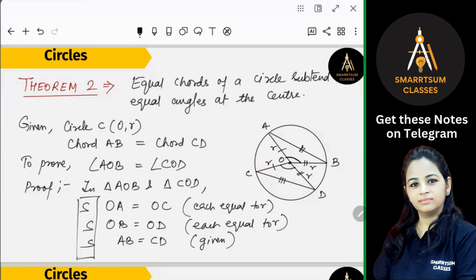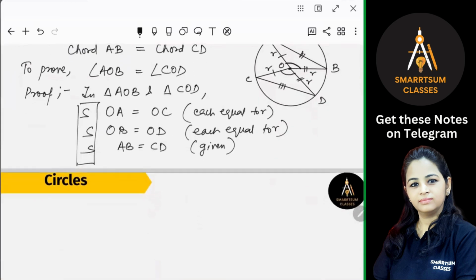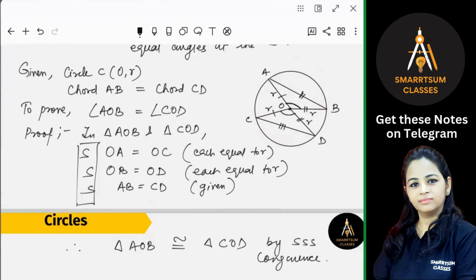By the SSS congruence criteria, we can say that triangle AOB is congruent to triangle COD. So by using this congruence rule, we have proved that these two triangles AOB and COD are congruent to each other.